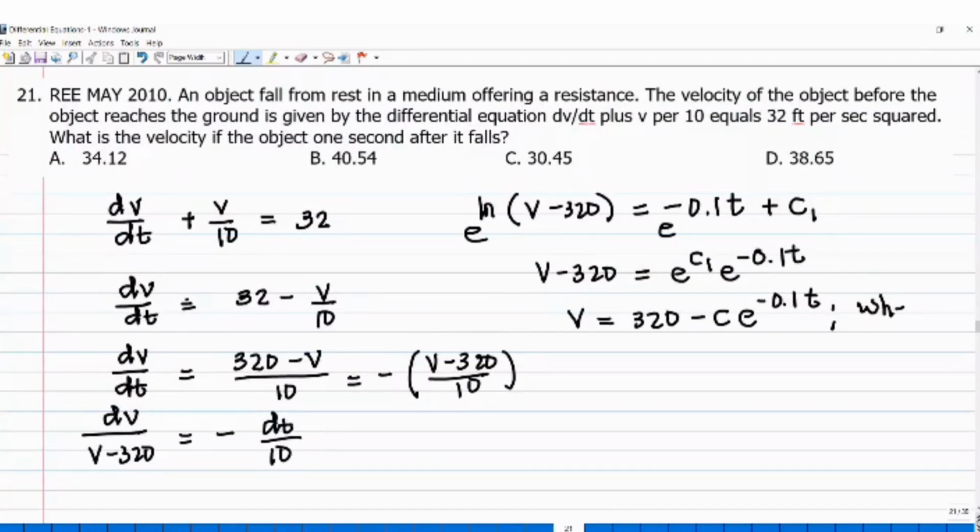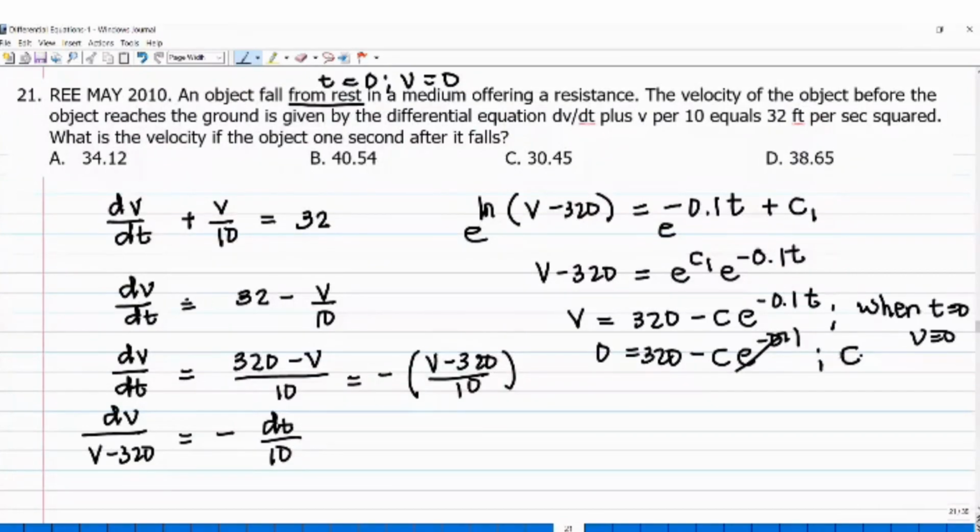Starts from rest, so t is equal to 0, V is equal to 0. 0 is equal to 320 minus c e raised to negative 0. This is still equal to 1. C is equal to 320. So therefore, V is equivalent to 320 minus 320 e raised to negative 0.1 t. This is the equation for the velocity of the object.